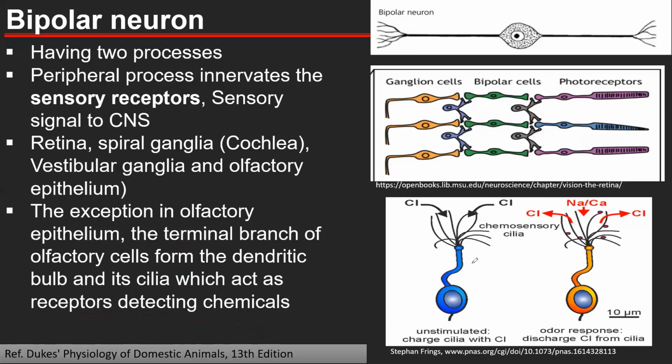So this is the cell body, and the dendrite forms the dendritic bulb. From there are the cilia, and these cilia act as the receptors for detecting the chemical. So there are some little exceptions in the olfactory epithelium compared to the retinal and ganglial bipolar neurons.